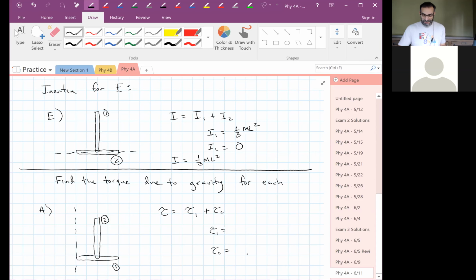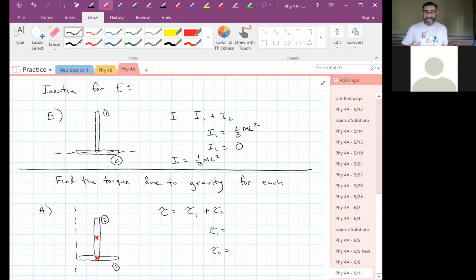That's the next thing we're going to find. So we can replace this object with a massless object and a weight hanging at the center of mass equal to the mass of the object, right? So the center of mass of rod 2 is there, and the center of mass of rod 1 is there.